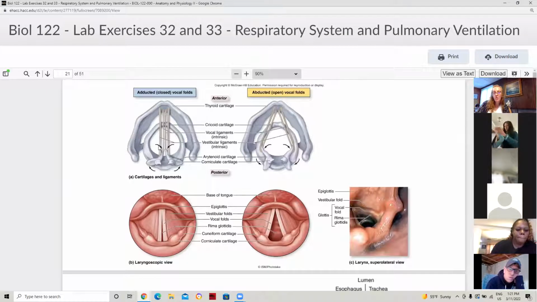A smaller or lower sound is going to result from adducted vocal cords. Remember that abduction means to pull apart or move apart from each other, and adducted means to come together. Here's the arytenoid cartilage. Here's the corniculate cartilage. Here's the thyroid cartilage.